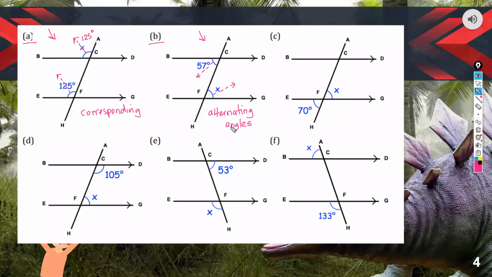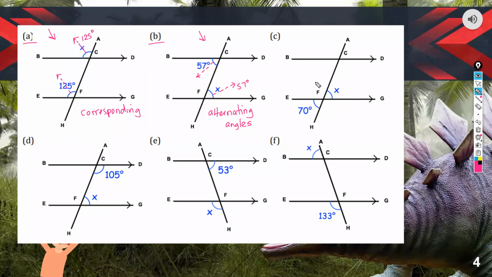And alternating angles, if you look at your notes, the values are always the same. So if here is 57, then, well, I can't write it inside here, but I'll just put the 57 degrees here. Both 57 and X are equal because of the alternating angles theory.